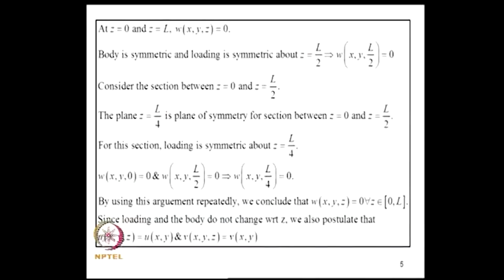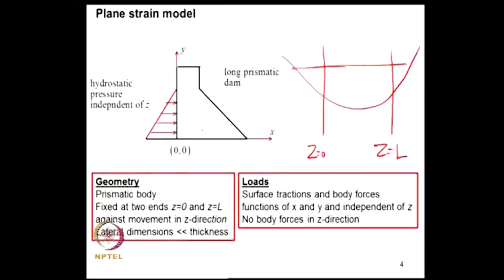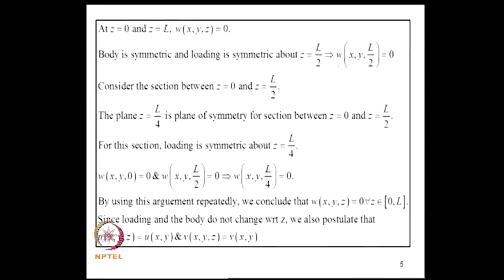We have assumed that the displacement component w is 0. Now, since the object is prismatic, the body is symmetric about L by 2, and the loading is symmetric about this z equal to L by 2 plane. Therefore, we obtain the condition that w of x comma y comma L by 2 must also be equal to 0.